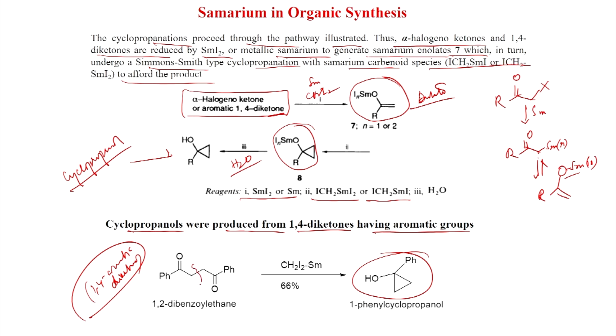So, samarium has been able to break this bond and make this enolate, and after that enolate formation with CH2I2 samarium you get the cyclopropanation, and you are getting this 1-phenyl cyclopropanol in 66% yield. So, this is very important, either alpha halogenoketone or 1,4-diketone aromatic can give this kind of product.